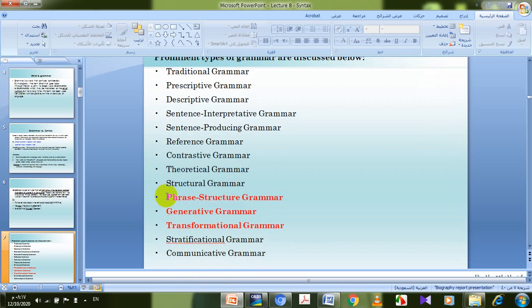We are going to concentrate on three of these: phrase structure grammar, generative grammar, and transformational grammar.